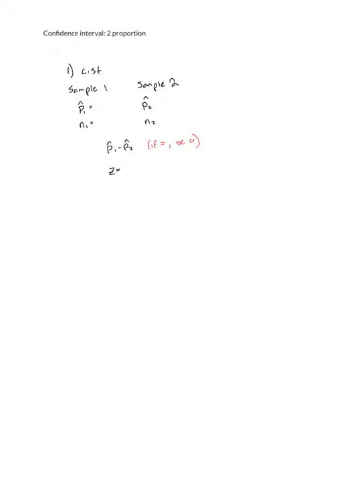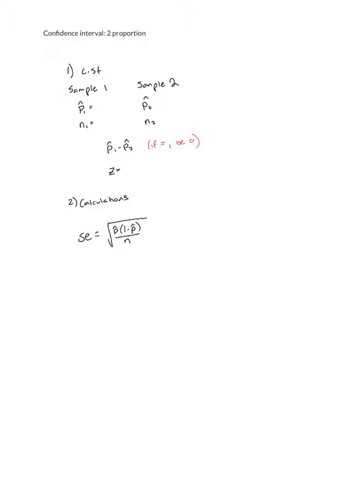Okay, step 2 of this is always my calculations. The only calculation I have to make when I'm doing confidence intervals is to find SE. Now, I want you to think back to what the formula was for a one proportion confidence interval. That formula was square root of p hat times 1 minus p hat all over n.